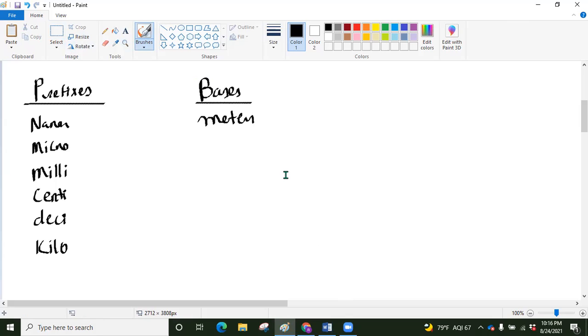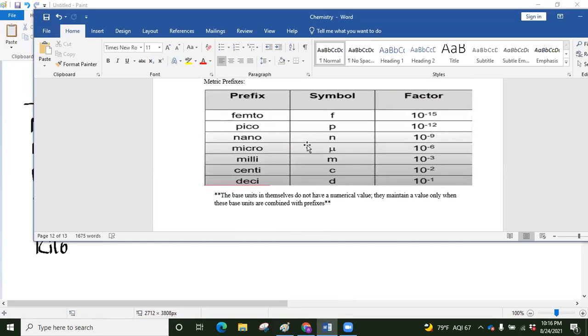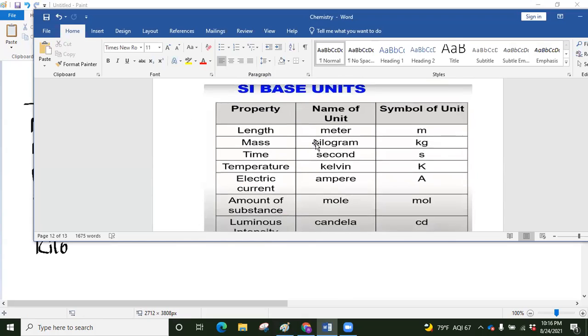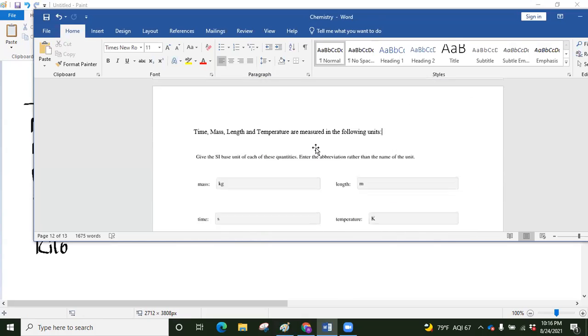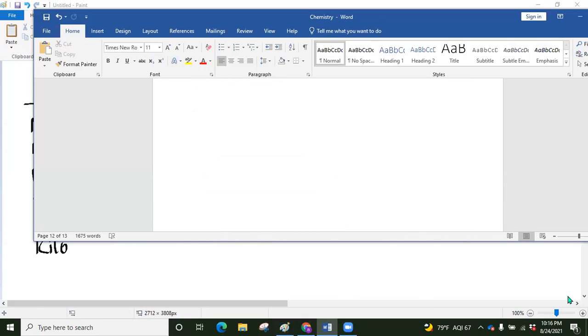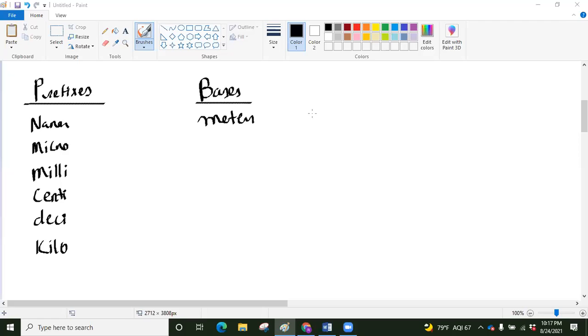Let me pull up some just to get all of them down. Meter, let's say liter, and gram, and of course there are more, but these are just an example of the base units in distinction to the prefixes.